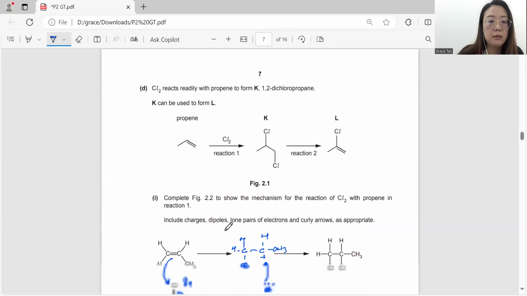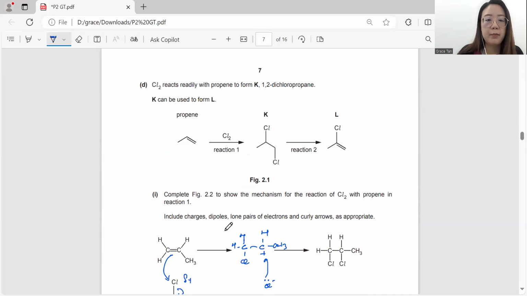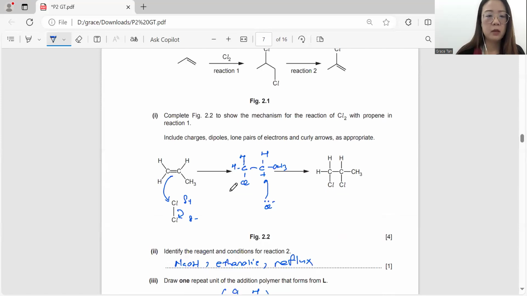Now, chlorine reacts readily with propene to form K, 1,2-dichloropropane. Complete figure 2.2 to show the mechanism of chlorine with propene in reaction 1. Pause the video and check your answers. This is the electrophilic addition mechanism.